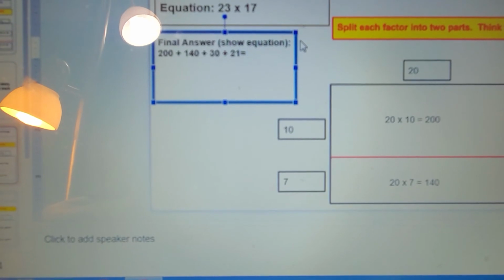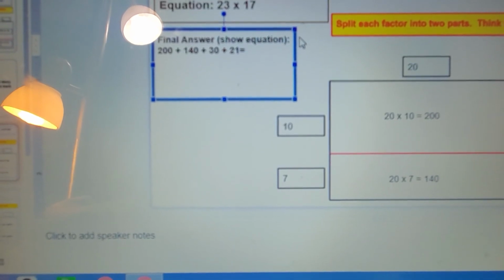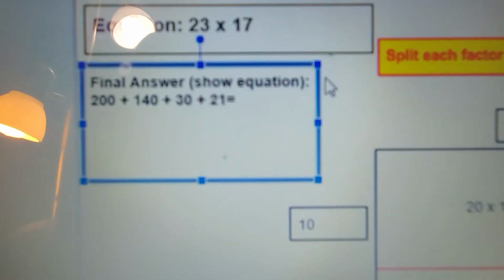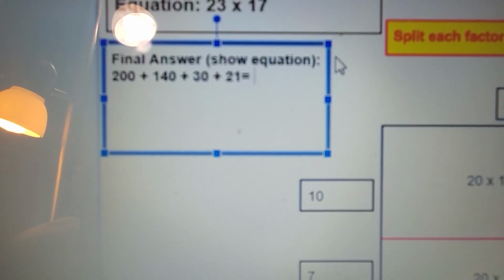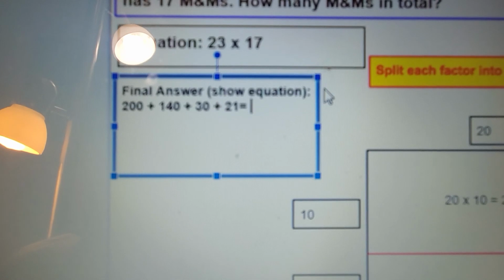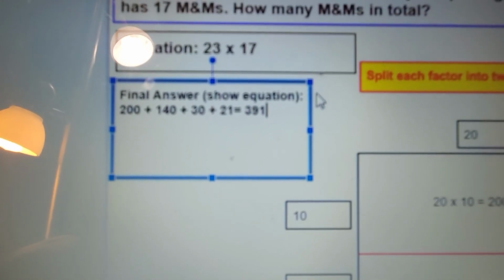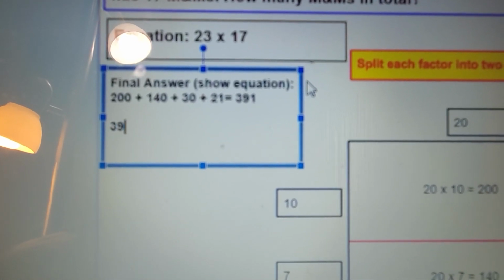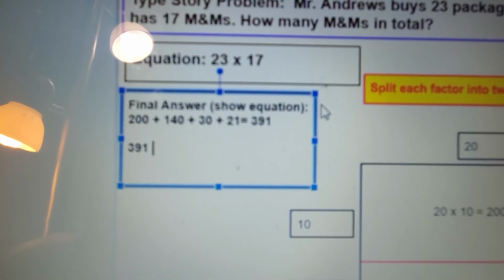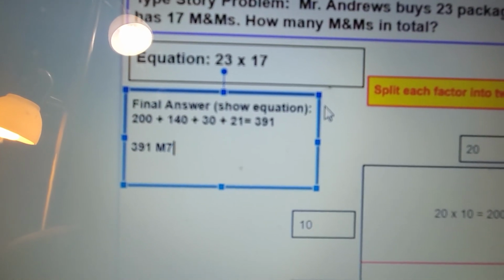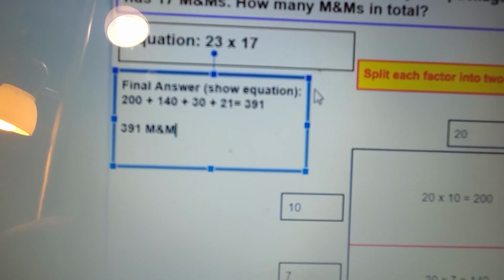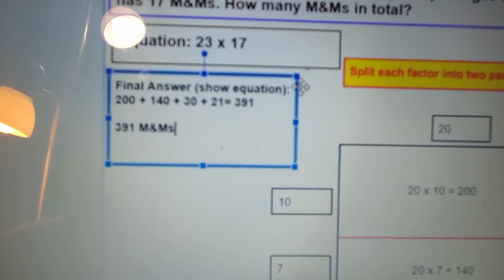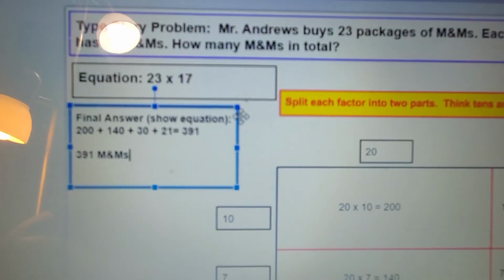So 200 and 140 is 340. 340 and 30 makes 370. Plus 21 is 391. So I would write 391 M&Ms. Because remember, these are word problems. So you must remember to write your answer with a label.